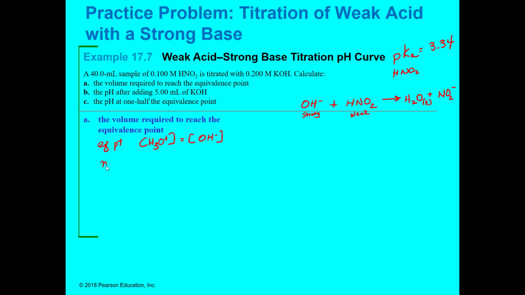So for the moles of HNO2, I have 40 milliliters, okay, and 40 milliliters is equal to 0.04 liters. Just remember, you divide by 1,000, okay? So I'm going to go ahead and do that up front. So I've got 0.04 liters times 0.1 moles of HNO2 per liter. And that gives me 4 times 10 to the minus 3 moles of HNO2.